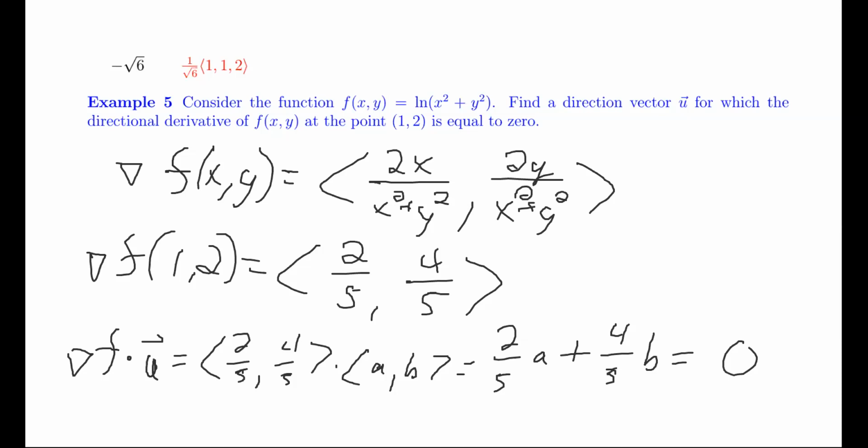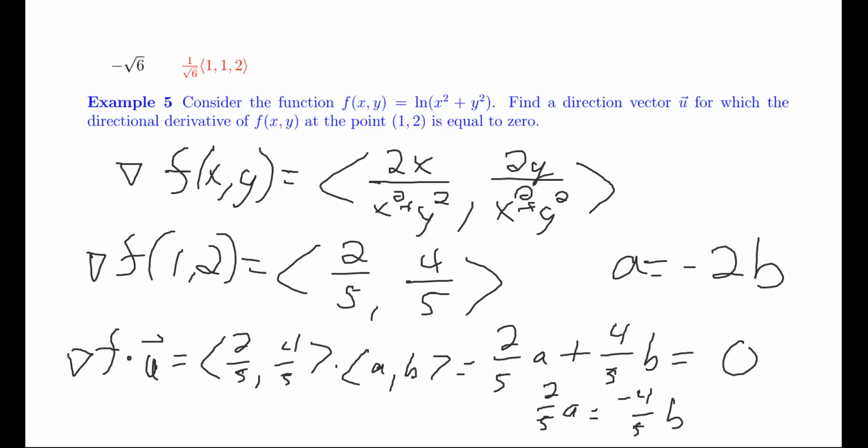So this is the same as 2/5 a is equal to negative 4/5 b. And if we divide by 2/5 here on both sides, we get that a is equal to negative 2b.